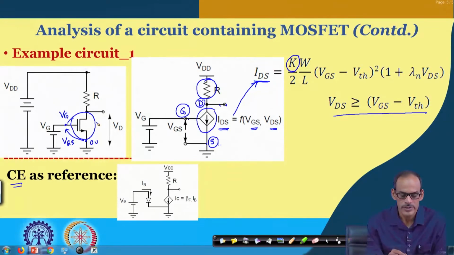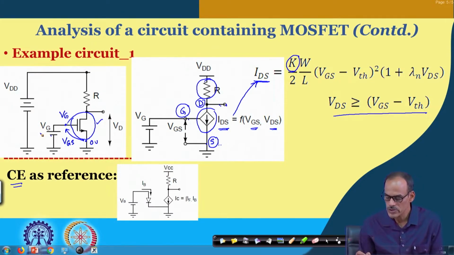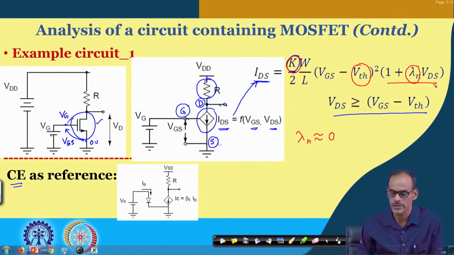So, once the circuit is given to us, not only are these voltages given, we are also assuming that the corresponding device parameters, namely VTH, then K and maybe lambda, are all given. And here of course, in this simplified model, we have assumed that this lambda n is very, very small, namely approximately 0. So, the dependency of this current on VDS is practically 0.